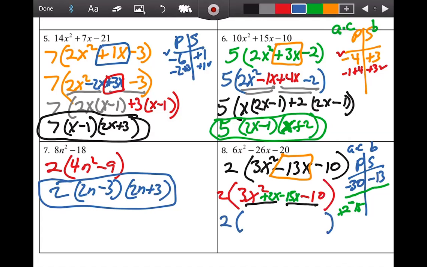Okay, now what? Once I have 2 groups, find the greatest common factor. I got to do GCF a couple times. Yeah, what's the GCF for group 1?